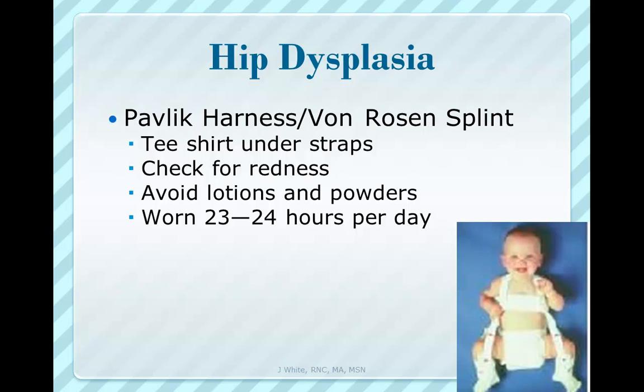We do put a t-shirt under the straps to prevent wearing. We want to watch them for redness. Avoid lotions and powders under these devices because they will create friction, soften the skin, which we don't need, and cause breakdown. And they wear it 23 to 24 hours a day.